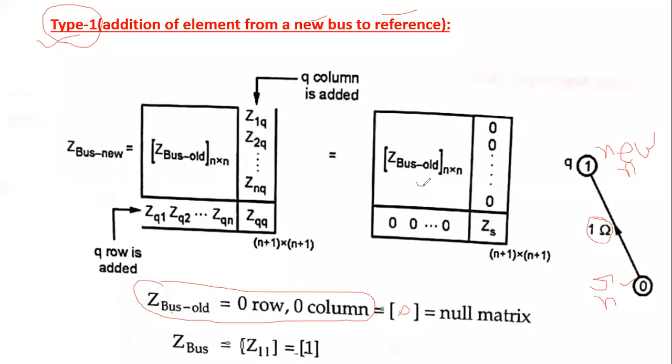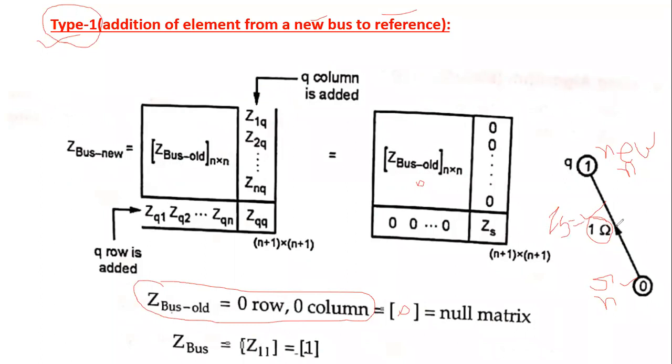The 0, 0 entries are 0 and this is the ZS. Which element is added? The 1 ohm element is added between the reference node and the new node. This element is considered as the ZS. Therefore ZS is equal to 1 ohm.